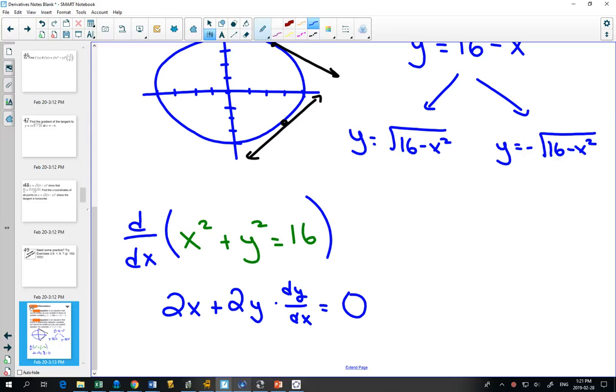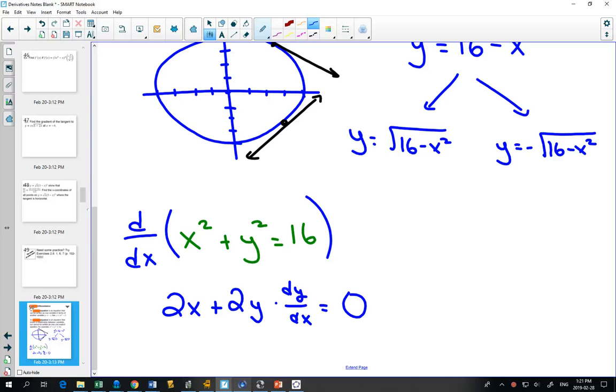This is the big idea of implicit differentiation. That if you have a y, you imagine y could be written in terms of x, and then the derivative of that would be the derivative.